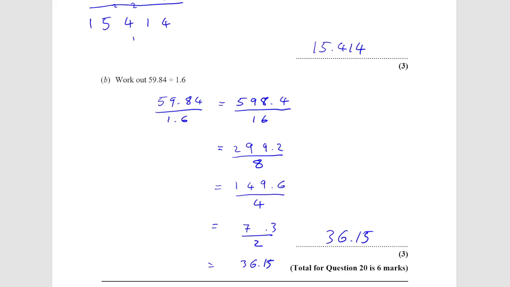These digits here are going to be wrong. Half of 9 would be 4, 8, and then if I halve that, I'm going to get half of 74 is going to be 37.4. So apologies there.